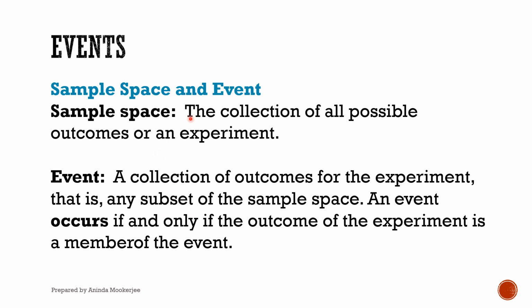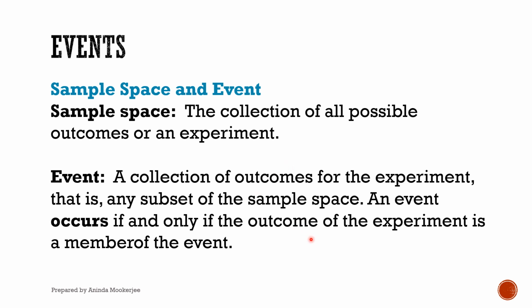Now, a terminology used to denote all possible outcomes from an experiment is called a sample space. So sample space represents the collection of all possible outcomes from an experiment, right? And event, we already know, is a particular outcome, a collection of outcomes for the experiment, that is any subset of the sample space.